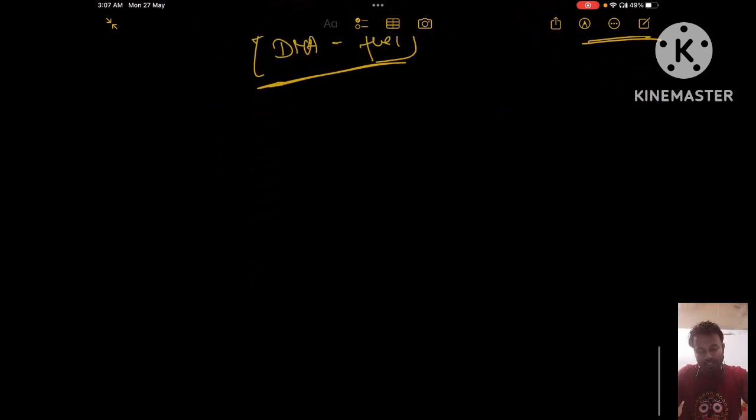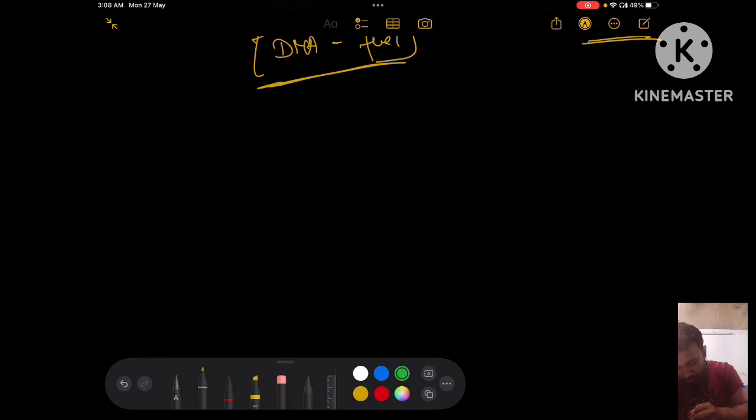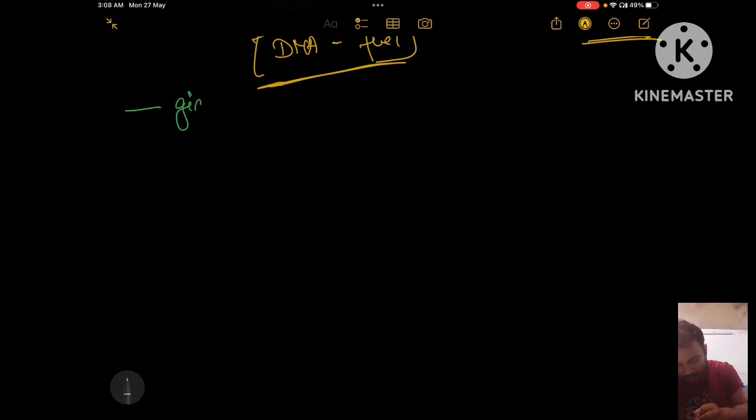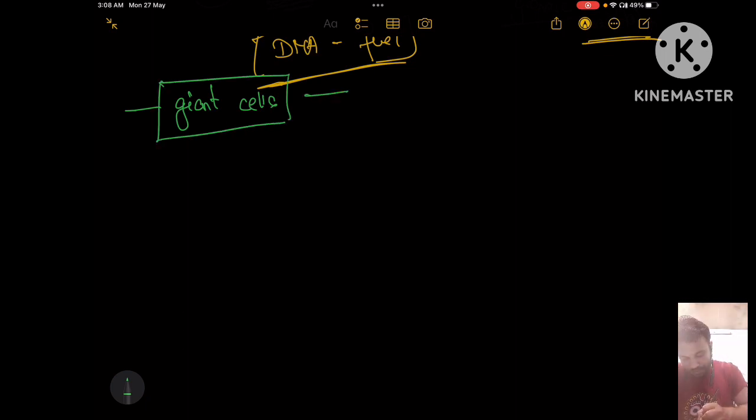Next, there are various types of giant cells.